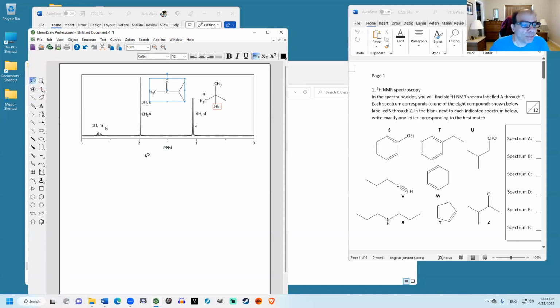And the chemical shift of both the methyl group and the B hydrogen are at about 2 parts per million, 2 something in any case. That's typical for hydrogens that are next to a carbonyl. The A hydrogens are split into a doublet by the adjacent single proton that we've labeled B. So I think the best explanation is that we're looking at compound Z. That's the one that's the most consistent with this spectral data.